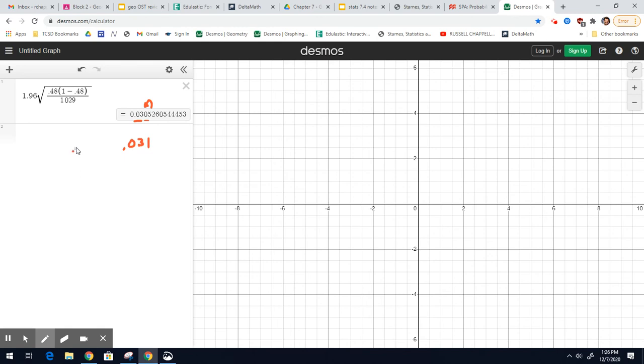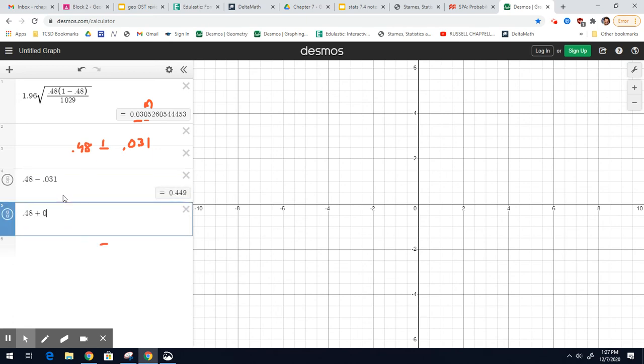So our point estimate is 0.48, and we're going to add or subtract 0.031 to get our values in our interval. All right, so I'll come down here. I'm going to do 0.48 minus 0.031 and 0.48 plus 0.031. And there are my values that make my interval.